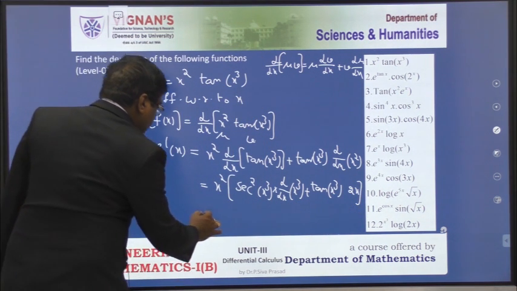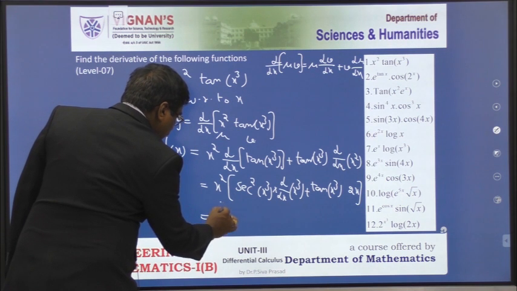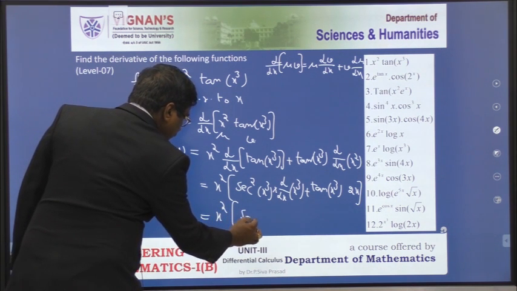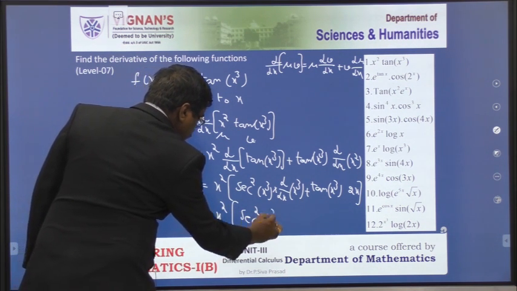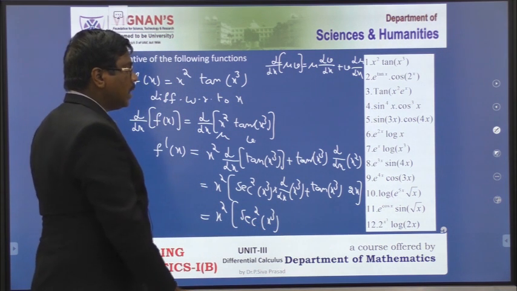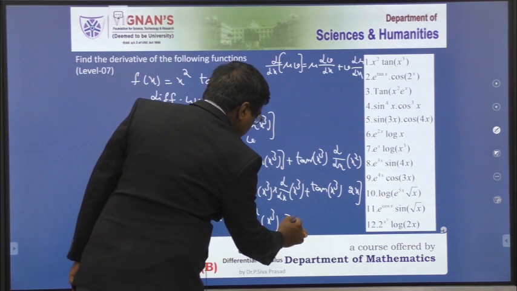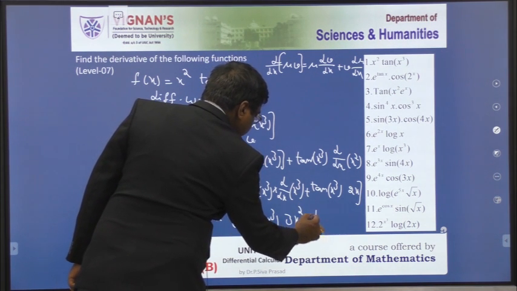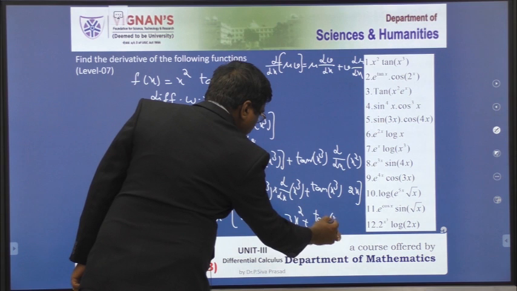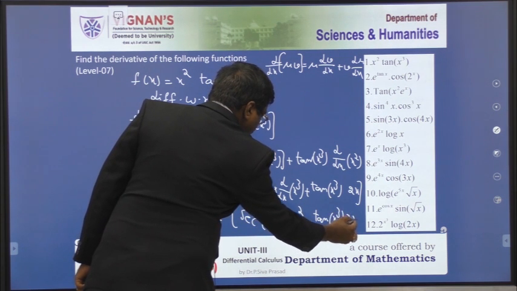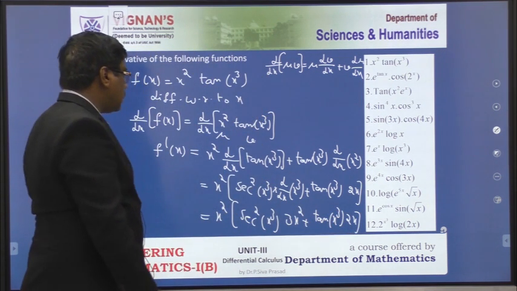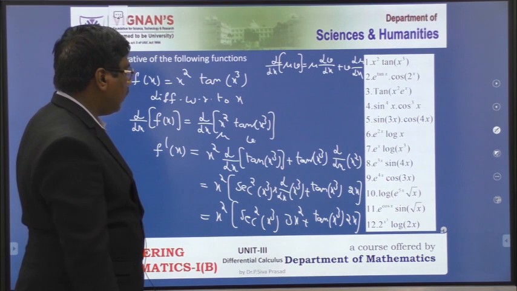Now again, that is equal to x square into secant square of x cube into the derivative of x cube, which is 3x square, plus tan of x cube into 2x. This is the total derivative of the function.